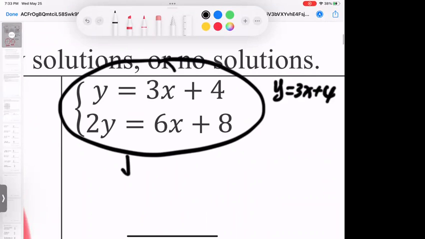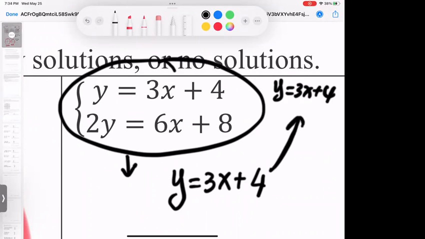And the second equation is y is 3x plus 4 too, after dividing by 2. So are they the same linear equation? If they are the same, when you draw it, they exactly overlap.